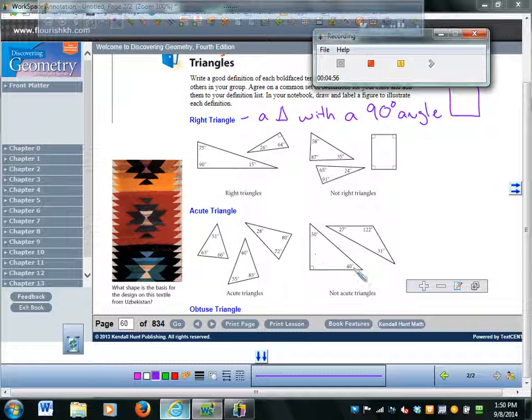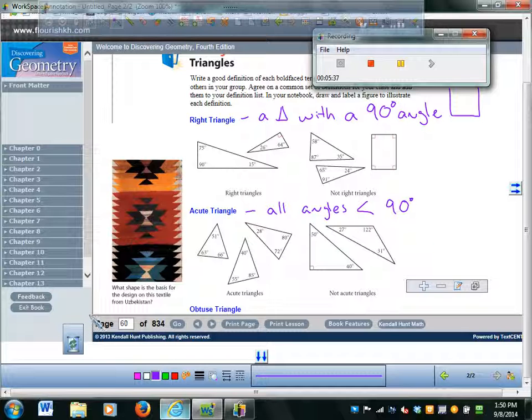So not this one, which has two less than 90 but one equal to 90. So an acute triangle has all angles less than 90 degrees. Piece of cake, easy. Write it down.